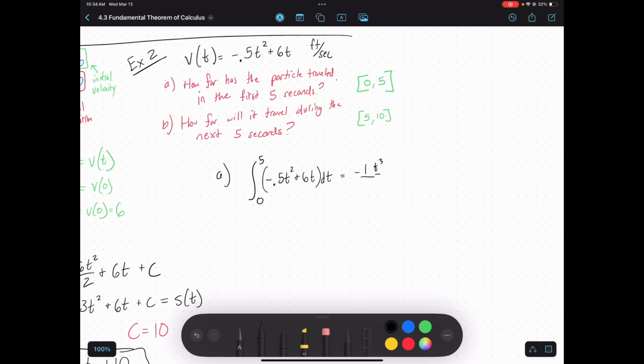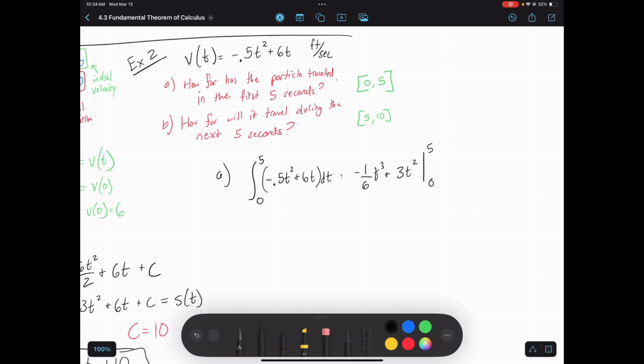So I get negative 1 over 6 t cubed plus 6t, and then I'm going to have t squared over 2, so that just gives me 3t squared. And then I'm going to evaluate that from 0 to 5.